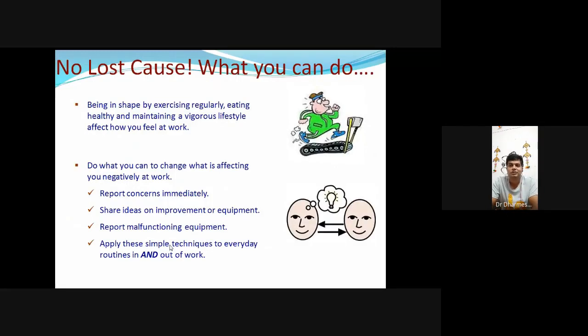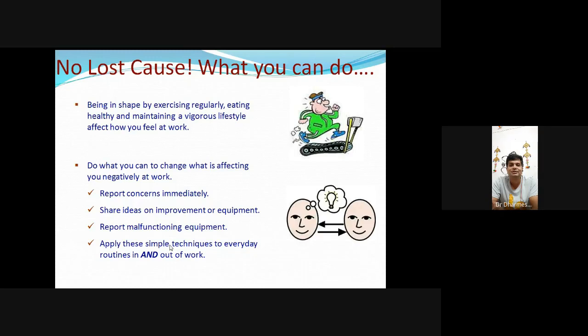So what you can do is add some of these factors in our lifestyle to correct our ergonomics. Not only for professionals, but if we consider all these factors and implement them in our daily lifestyle, we will be free from this pain.